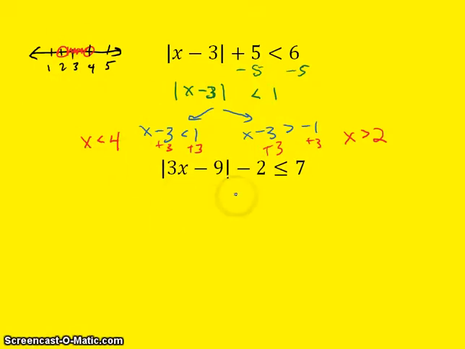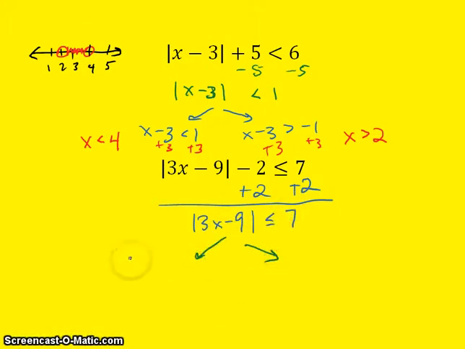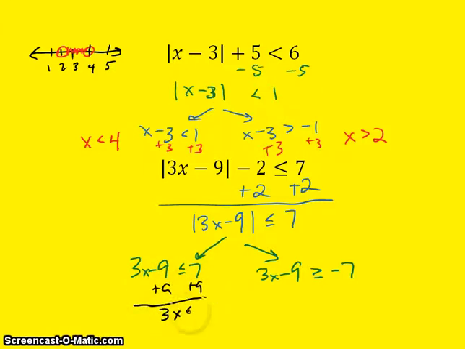The last equation, I'm going to add 2 to both sides to get the absolute value stuff by itself. And now I can break it up into 2 separate parts. So 3x minus 9 is less than or equal to 7, and 3x minus 9 is greater than or equal to negative 7. And then I need to solve each part. Add 9 to both sides. 3x is less than or equal to 16.